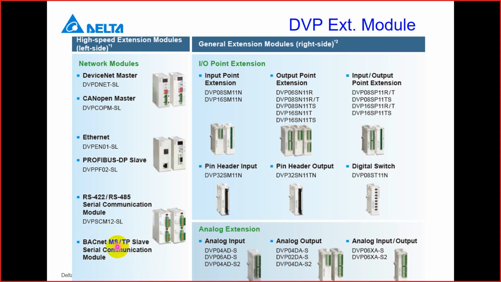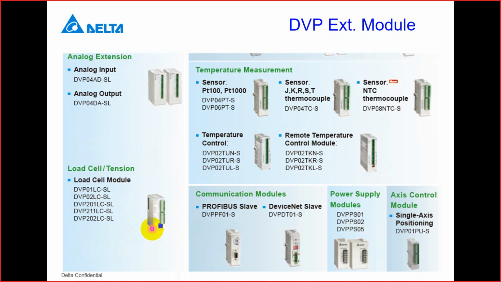But just remind this, for backnet MSTP only supports slave. So if you want to use master, you just use our HMI. And again, this already mentioned. For the high-speed left-hand side, the module name will be -SL. So this means high speed.